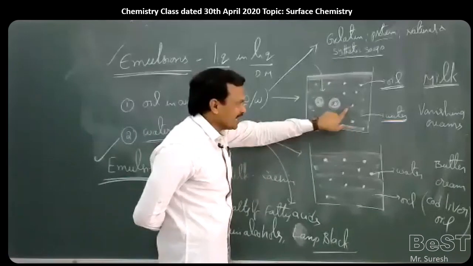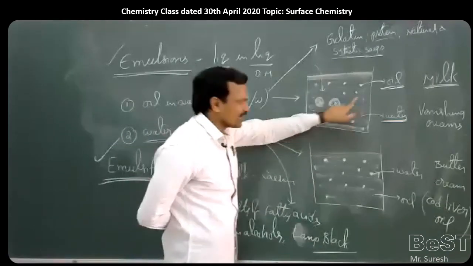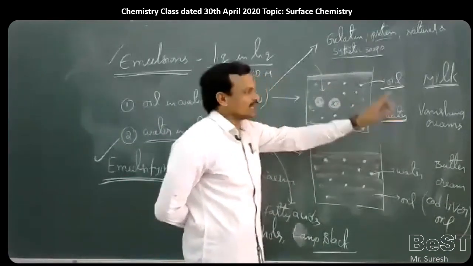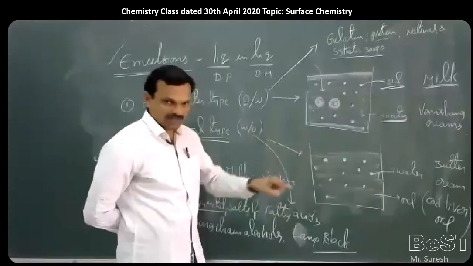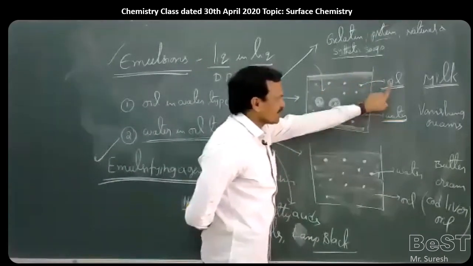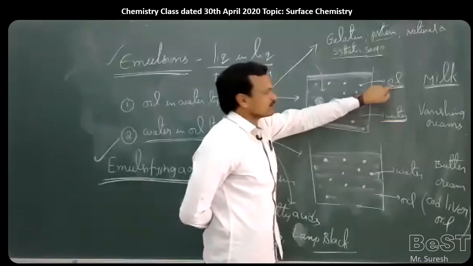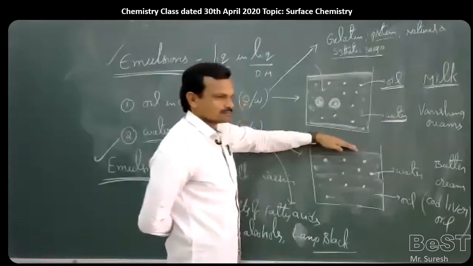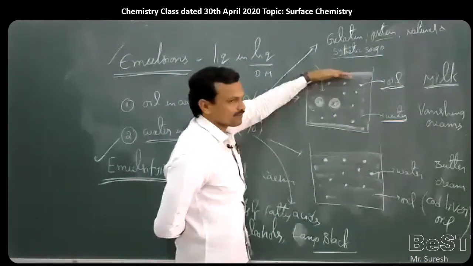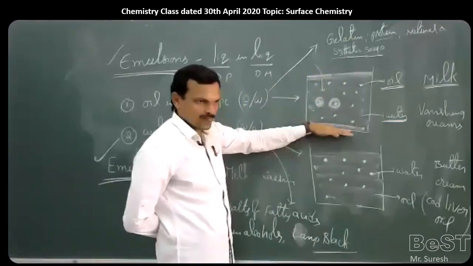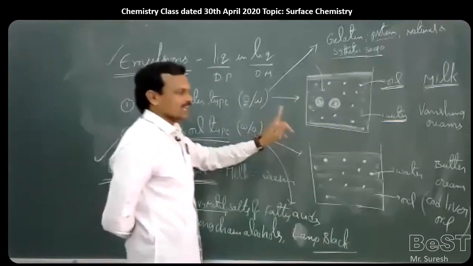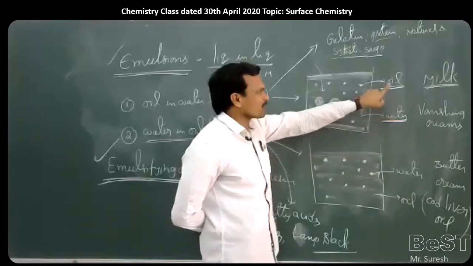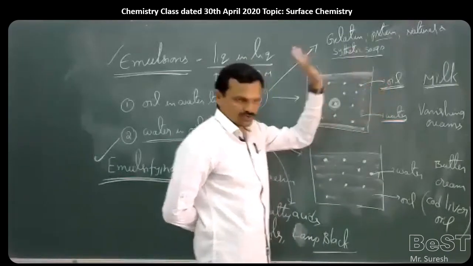So we can dilute an emulsion by adding a dispersion medium in any proportion. But if you add dispersed phase, then that forms a separate layer, either above the surface of the solution or at the bottom of the solution. So we can dilute by adding any proportion of dispersion medium, not by adding dispersed phase.